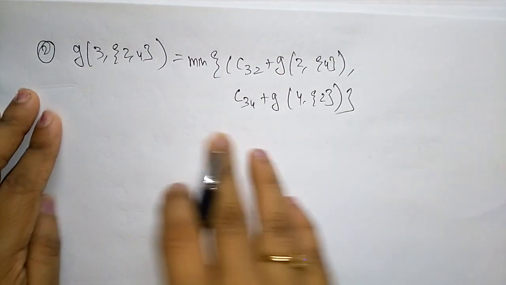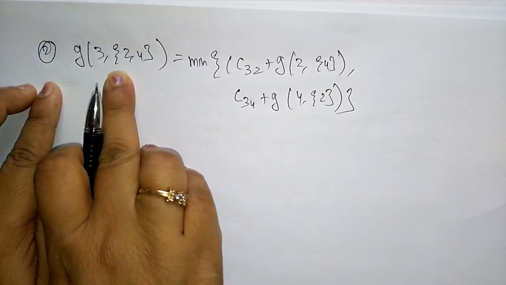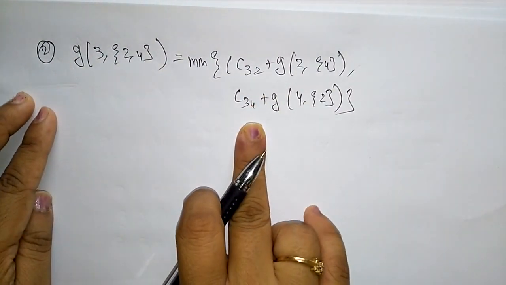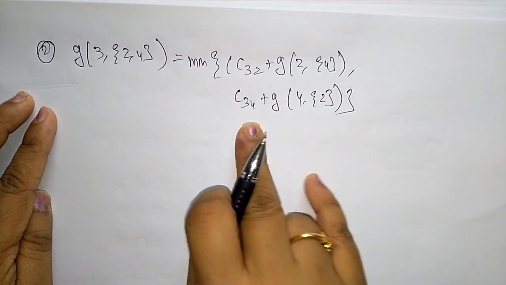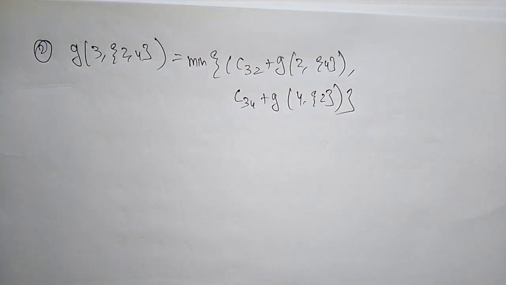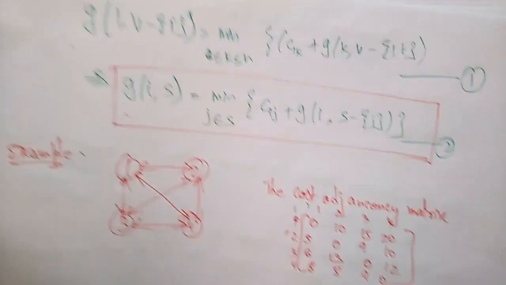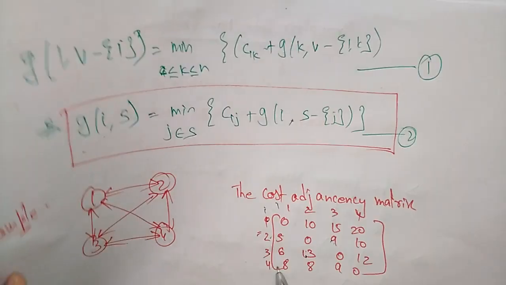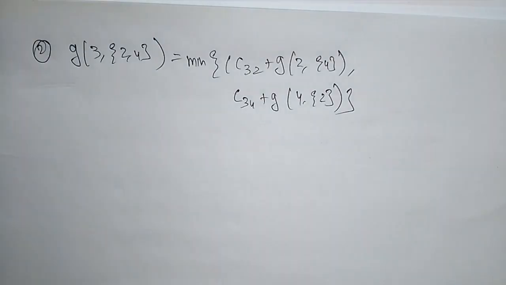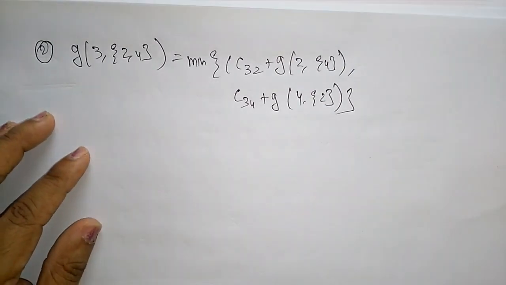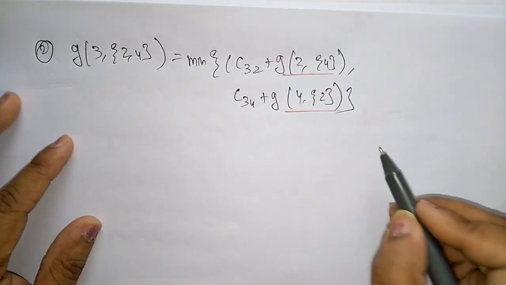By applying the formula with i and set S, we know C32 and C34 by seeing the adjacency matrix. But we don't know g of 2 4 and g of 4 2.